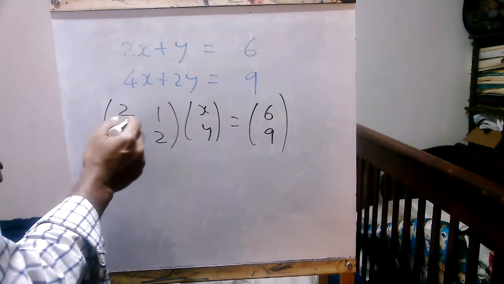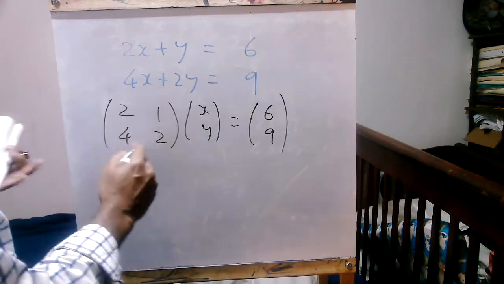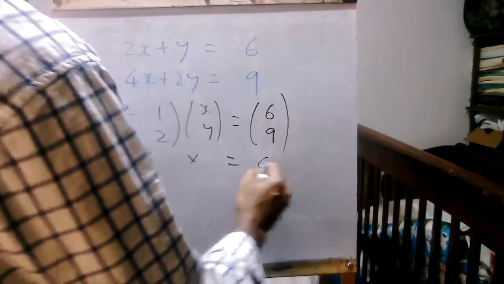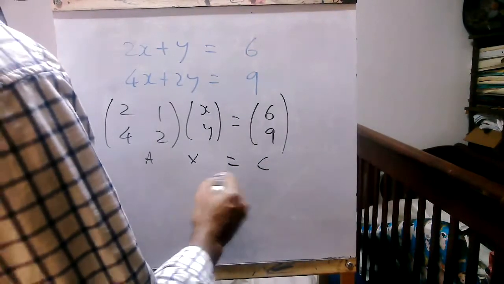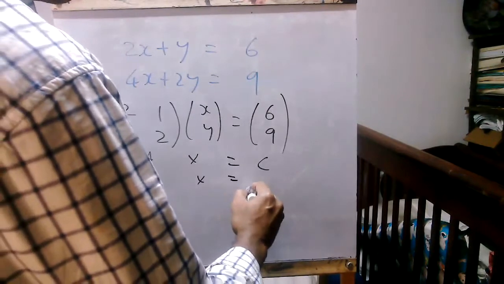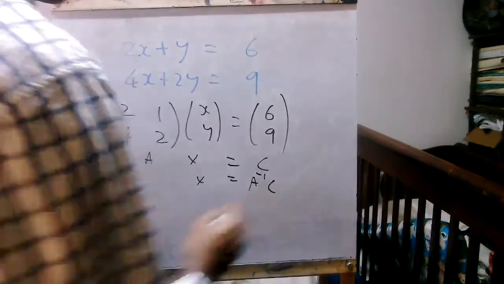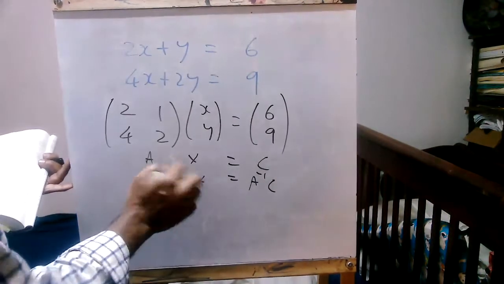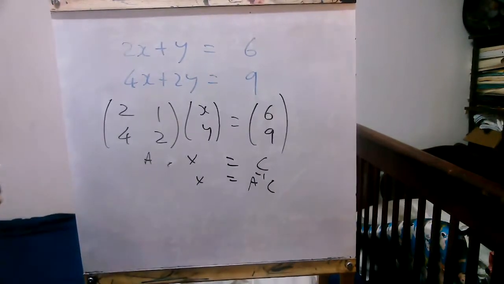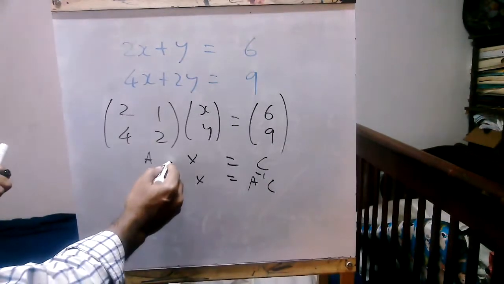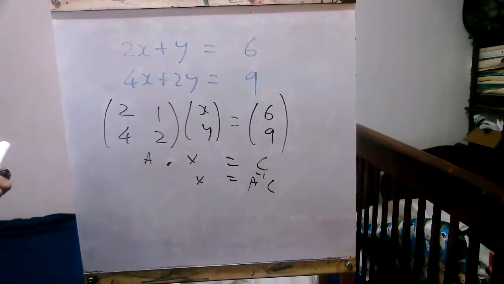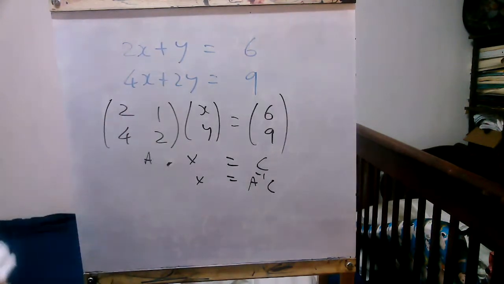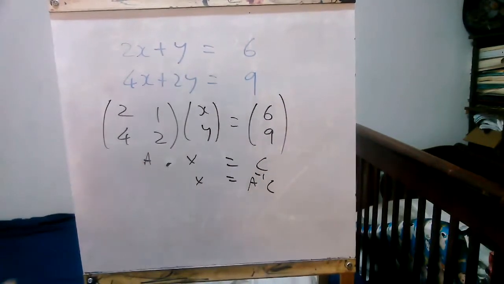Now this is like Ax equal to C, so x should be A inverse C, right? A times x, put a dot here. Okay, now for this, how do we find A inverse?